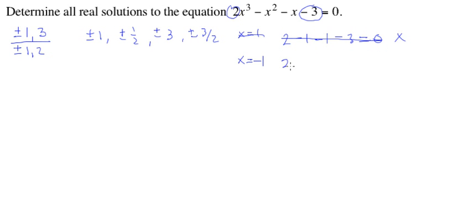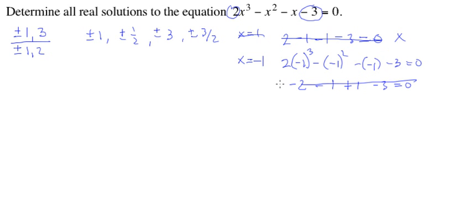Now we get 2 times negative 1 cubed minus negative 1 squared minus negative 1 minus 3 equals 0. How does that work out? 2 times negative 1 is negative 2 minus negative 1 squared, so that's minus 1 plus 1 minus 3 equals 0. Rats, also no good.